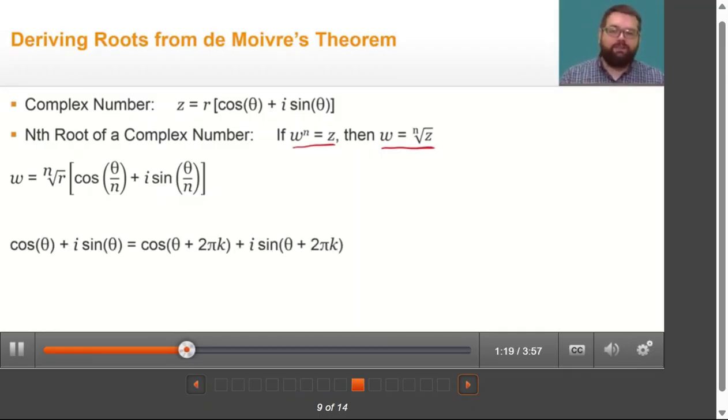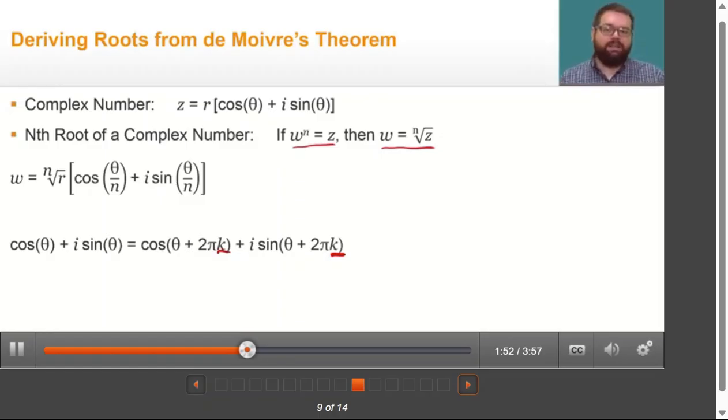Therefore, the cosine of theta plus i times the sine of theta is equal to the cosine of theta plus 2 pi times k plus i times the sine of theta plus 2 pi times k, where k is a non-negative integer. But if equivalent arguments are divided by n, they produce unique arguments that are not equivalent and must be listed separately. These non-equivalent angles represent additional solutions to the problem of determining roots.